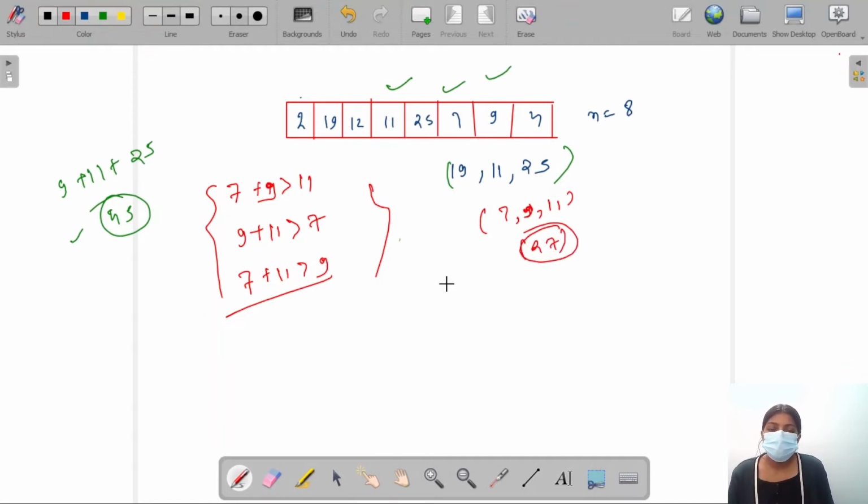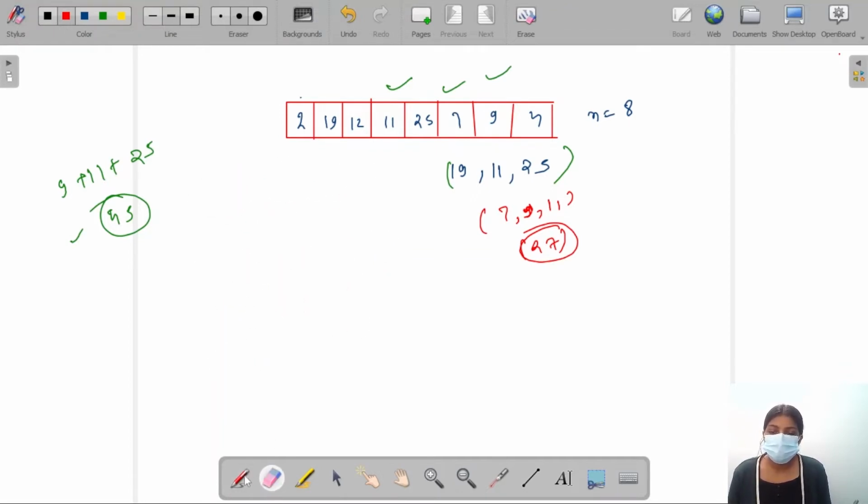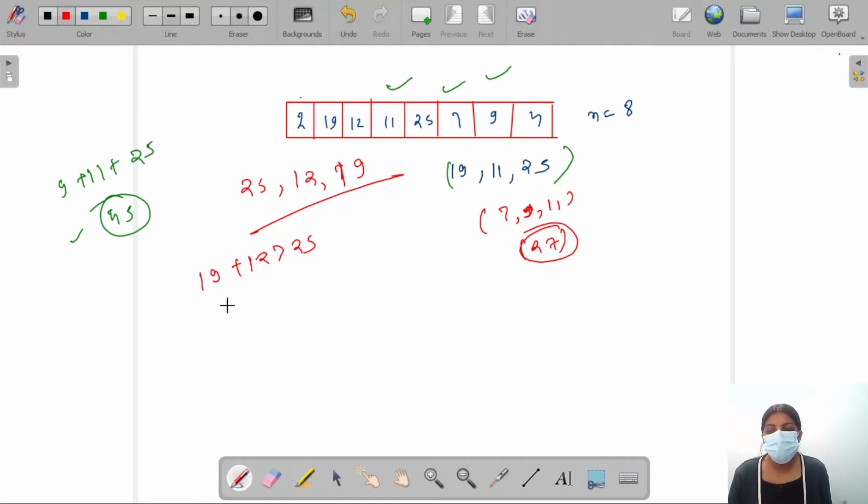Okay, now another example. Let's say I take 25, 12 and 19. 19 plus 12 is greater than 25, right? 19 plus 25 is strictly greater than 12. 12 plus 25 is also greater than 19.